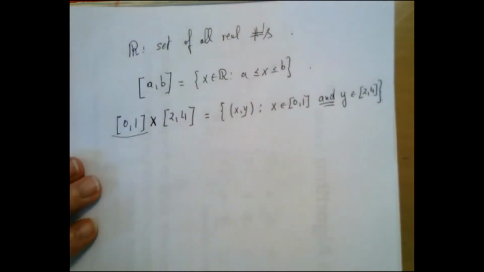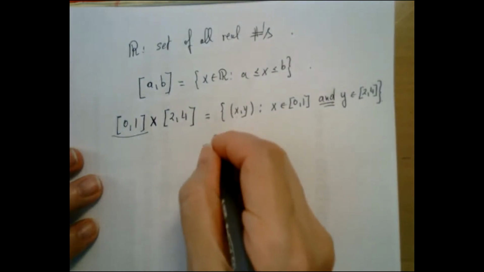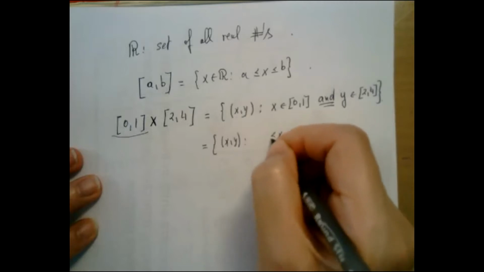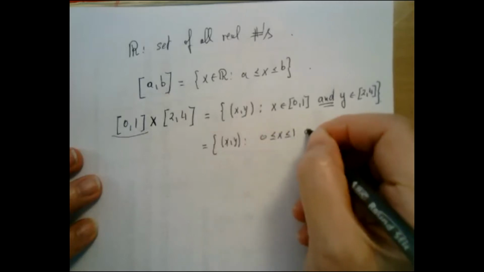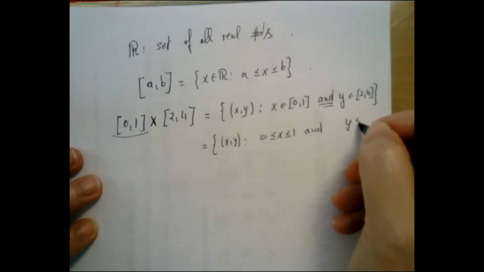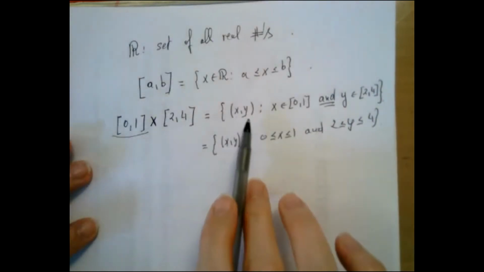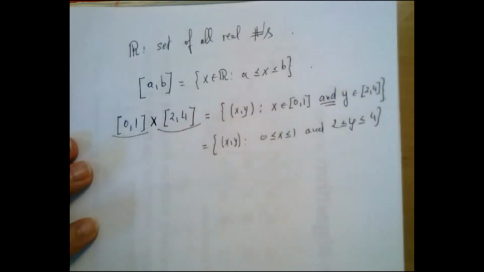That's what this product is. So it means that's the set of all (x, y) such that x is between 0 and 1, and y is between 2 and 4.